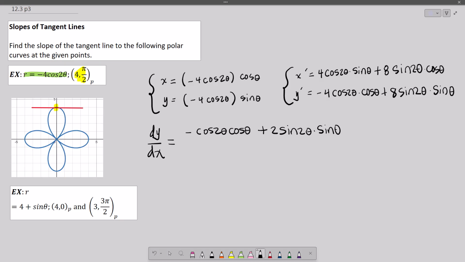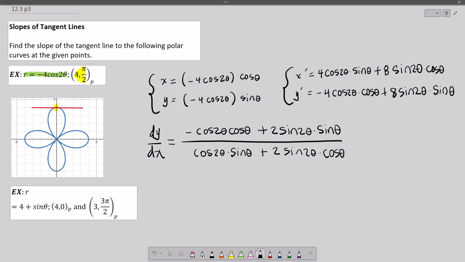Doing 2 steps in one sometimes is not the best move. Here it's okay, I think. Divide out the 4 there, cosine 2 theta times sine of theta plus 2 sine 2 theta cosine. All right, so there's your dy dx.